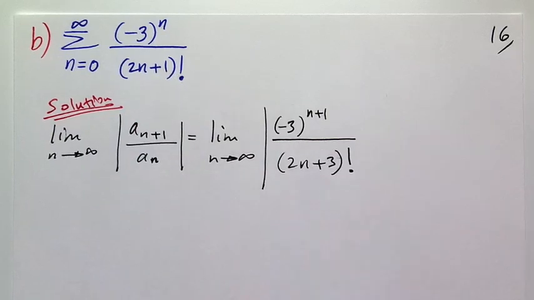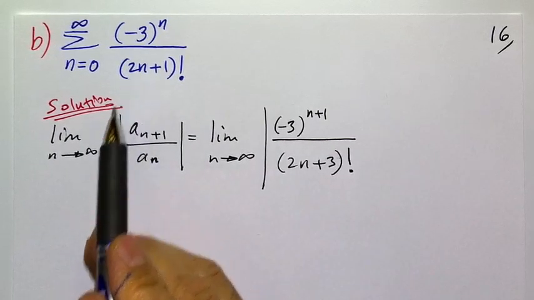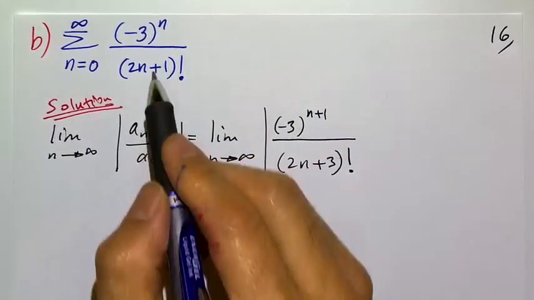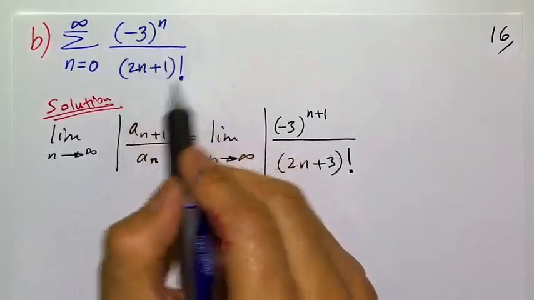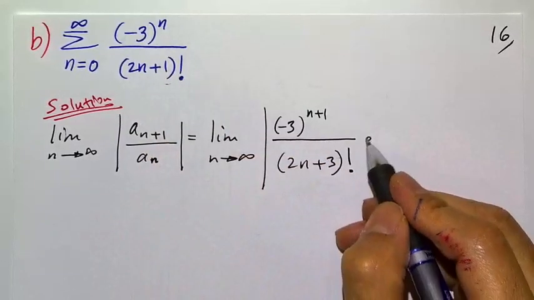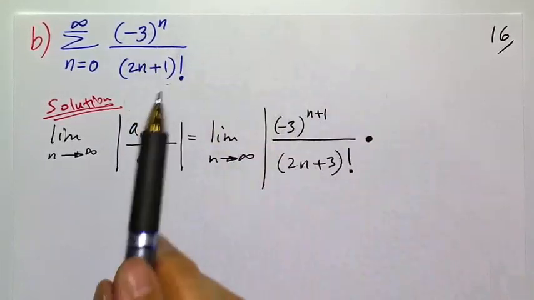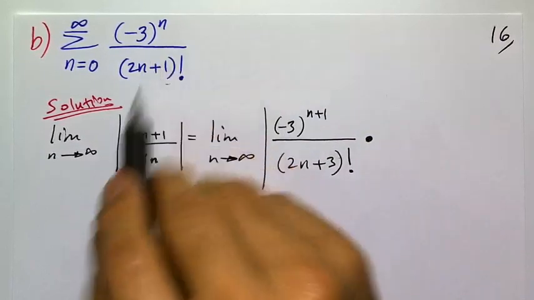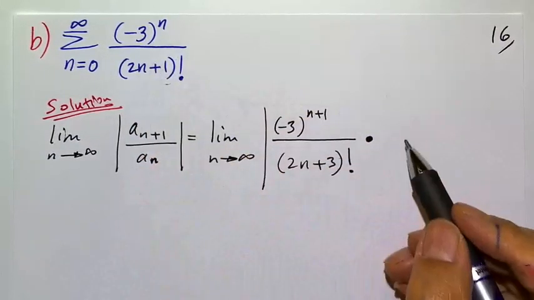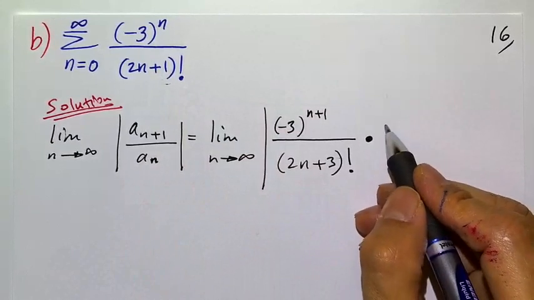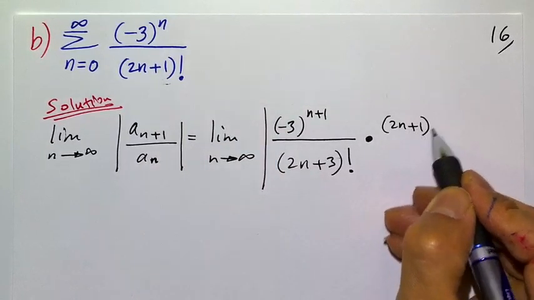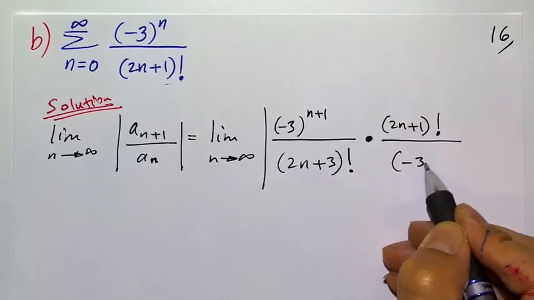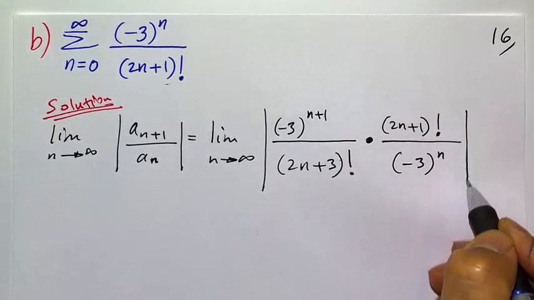And you should get this after you distribute the 2. And then we're dividing this by a sub n, which is that. This is our a sub n. When we divide, let's switch it to multiplication and flip the ratio here. So we have 2n plus 1 factorial divided by minus 3 to the n power.